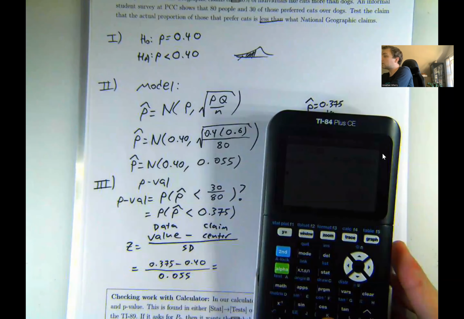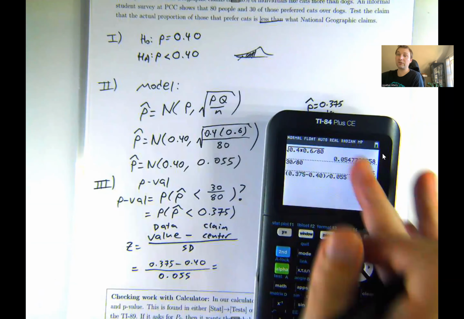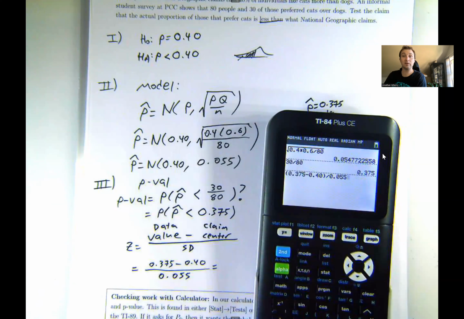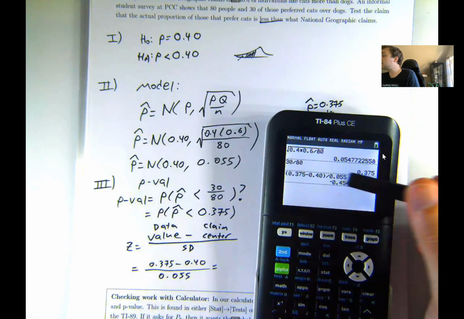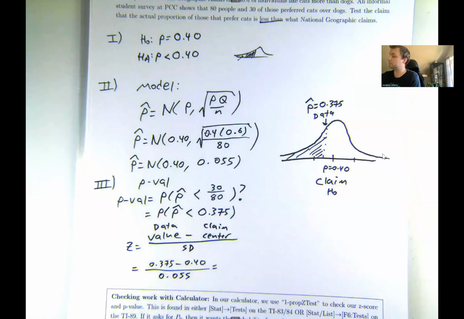I'm going to type this into a calculator to see what I get. I've got parentheses around the top here, 37.5 minus 40% divided by 0.055. I could actually copy and paste that standard deviation to get something even more accurate. I get negative 0.45 for my z-score.